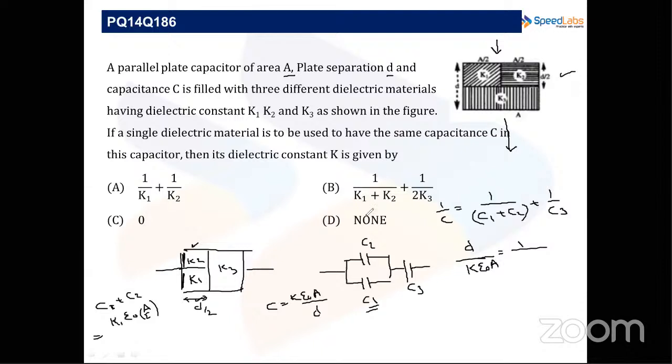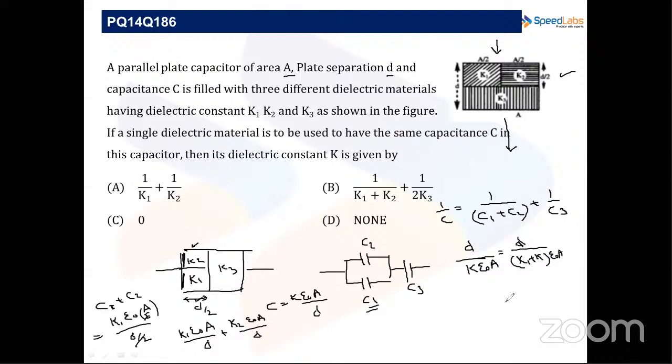It is shown in the figure that it is d by 2. So the distance is also half, so divide by d by 2. So the 2 cancels, and I get K1 epsilon naught A by d plus K2 epsilon naught A by d. In this I can take everything else as common, so it will become (K1 plus K2) times epsilon naught A by d.